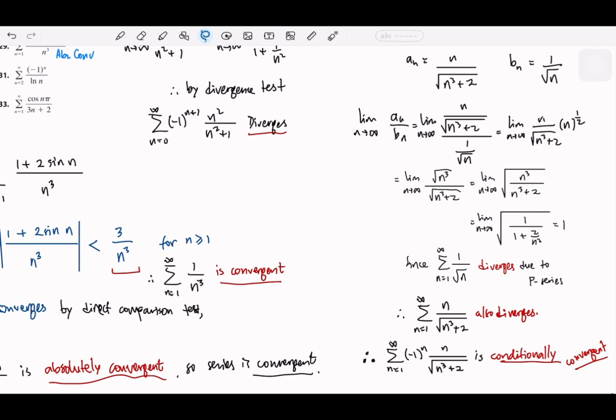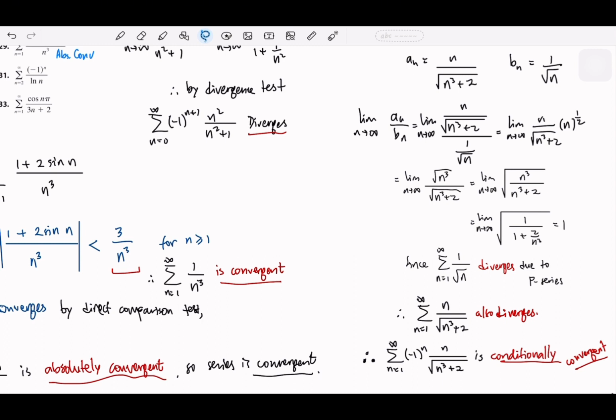So it can be done for the full argument, but if you want a shortcut to make it quicker, you can just take the absolute value and see whether it converges or diverges. If it converges, it is directly absolutely convergent, because it must be. But if it diverges, then you check the alternating series.